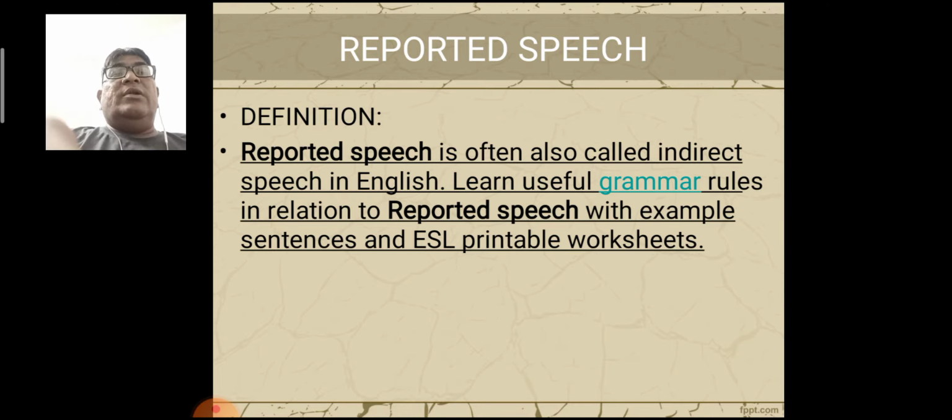We have to learn some useful grammar rules related to reported speech with examples, sentences, and even through worksheets which are useful to practice much. We can get them from n number of websites when we search through Google.